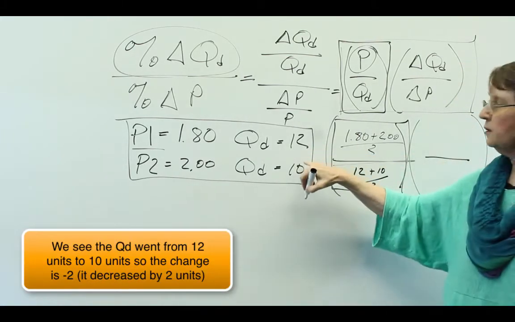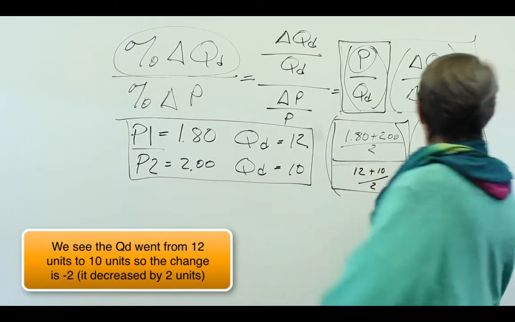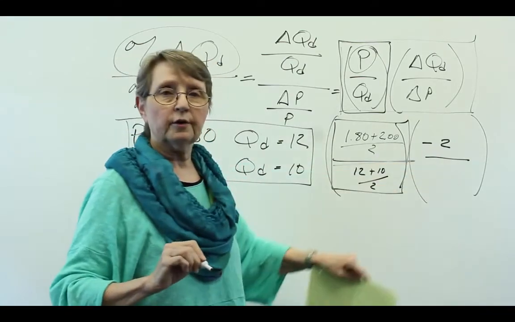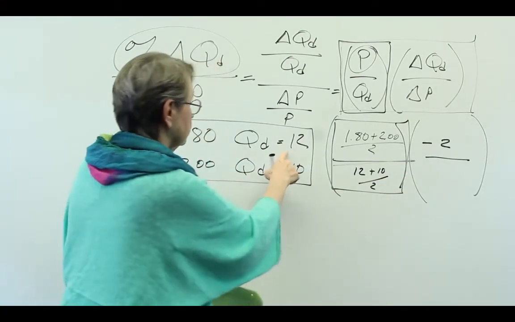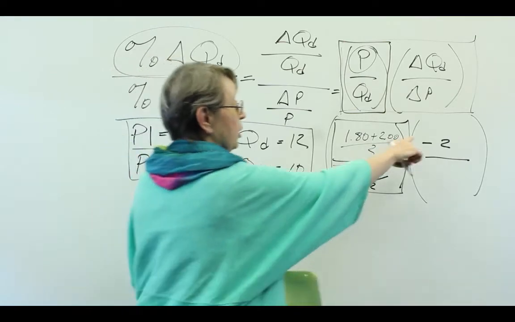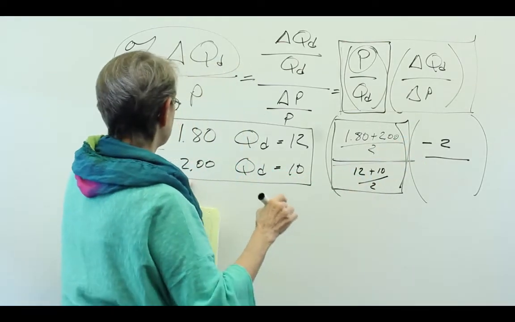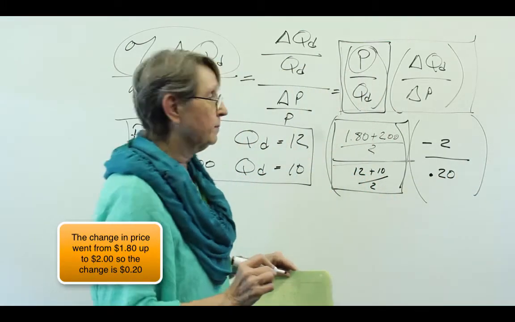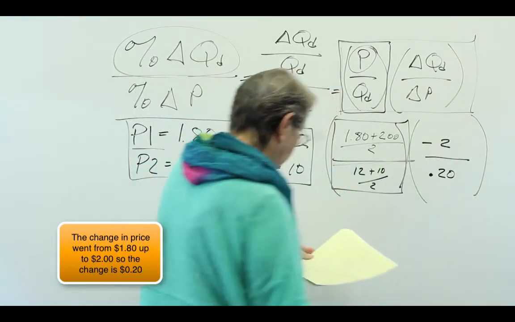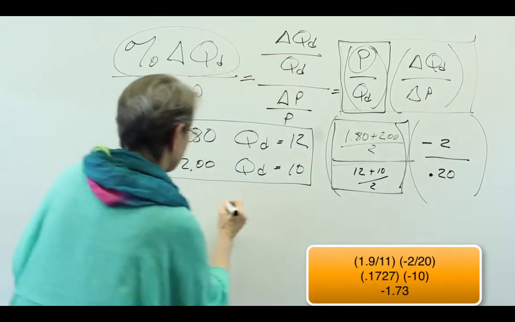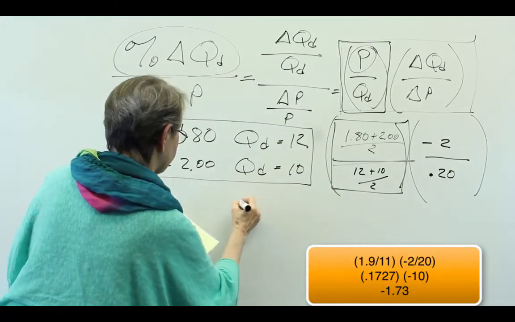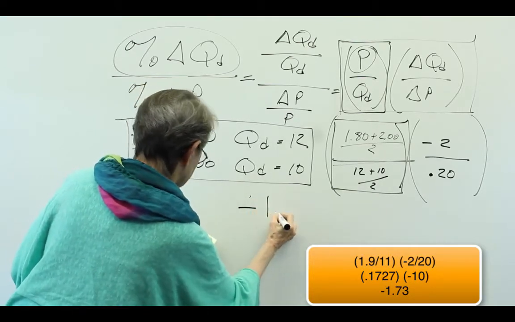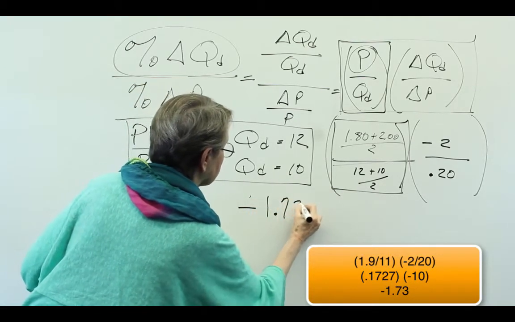The change in quantity demanded is a negative 2. And this negative sign is very important, by the way, because quantity demanded has decreased. So the change is a minus 2. And the change in price is a plus 20 cents. So then, this turns out to be, so our coefficient of elasticity of demand is minus 1.73.